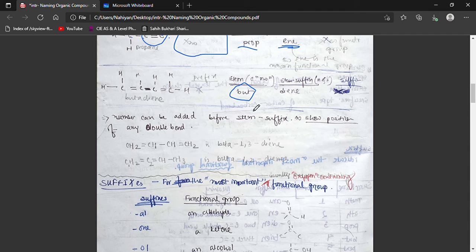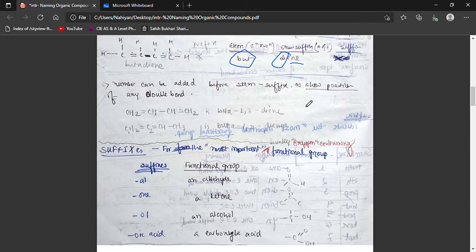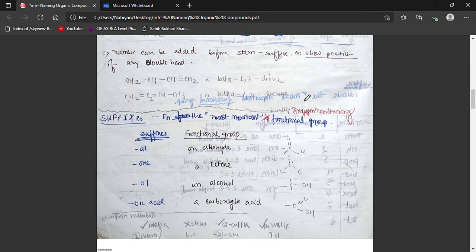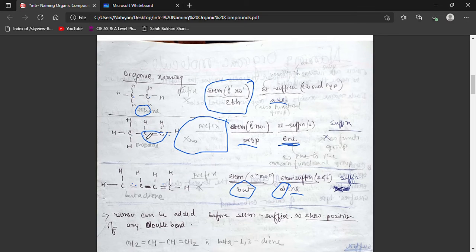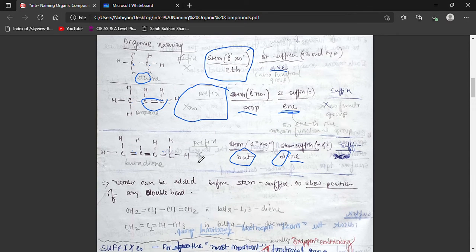Now we see the functional group, which has a double bond, so it is an alkene, so the name ene. However, it has two of these double bonds, so it's diene. So it's but-diene. Moving on. Oh, we didn't write the locant here.